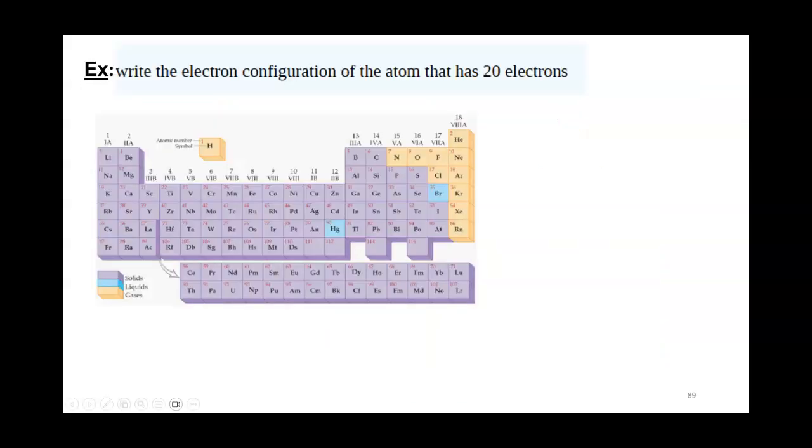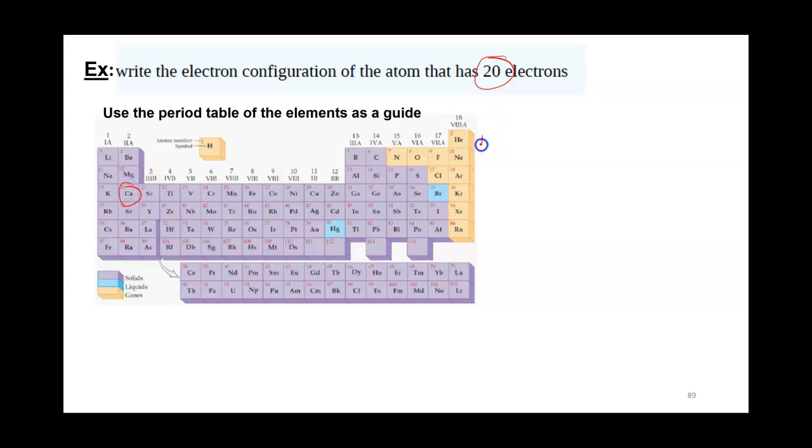So we're going to go ahead and write the electron configuration of an atom that has 20 electrons. And we're going to use the periodic table to help us guide how to do this. The element that has 20 electrons is calcium.